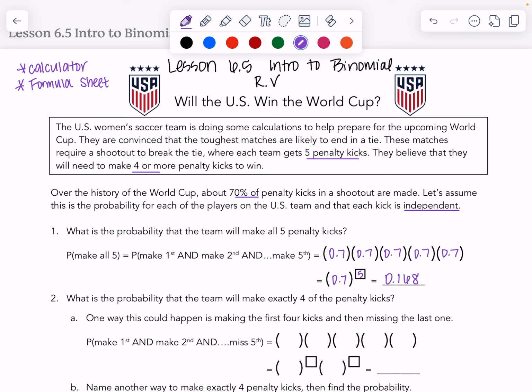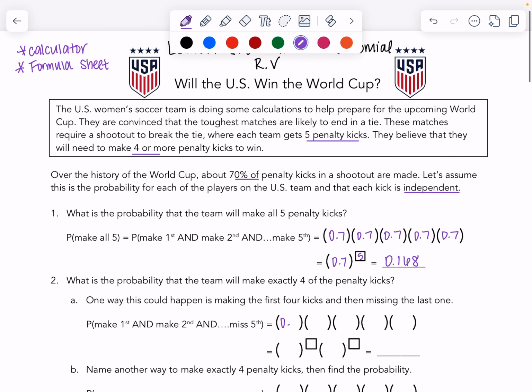What is the probability that the team will make exactly 4 of the penalty kicks? One way that this could happen is making the first 4 kicks and then missing the last one. So let's expand that out. That would be 0.7, making the first, the second, the third, the fourth, but missing the fifth. If making is 0.7, then missing has to be 0.3, because you're either making it or missing it.